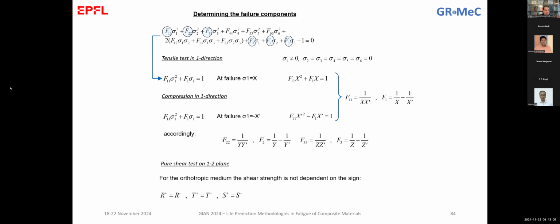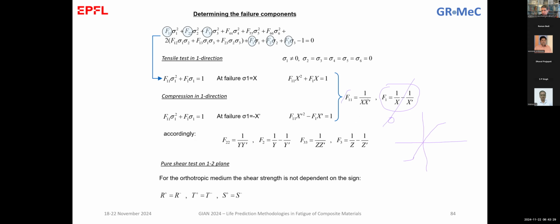So you can automatically see that for a material that does not show different properties in tension and compression, this term automatically becomes 0.